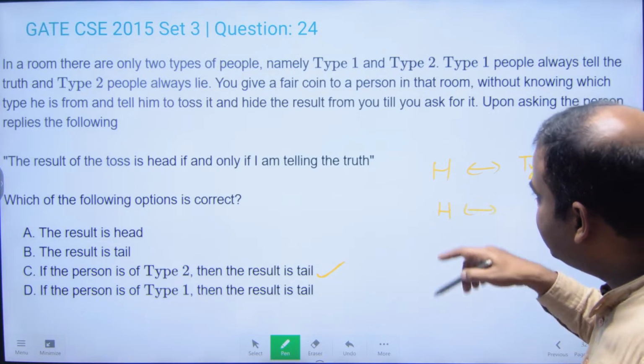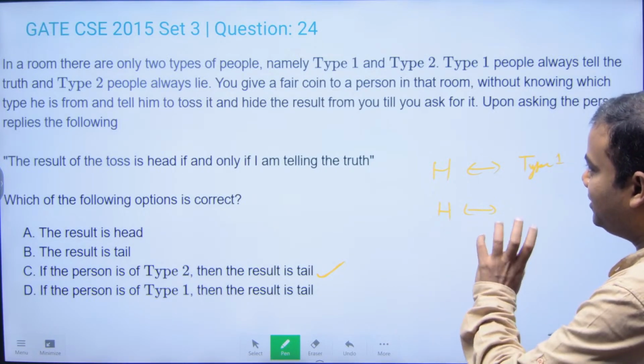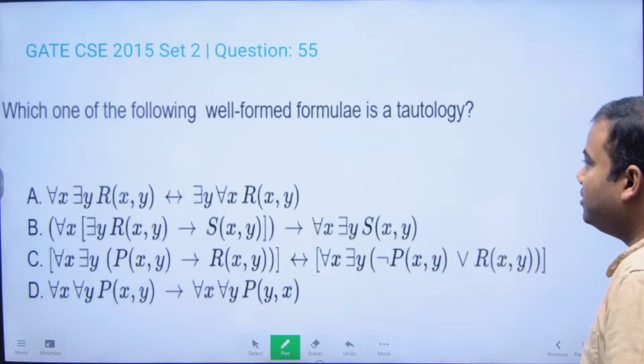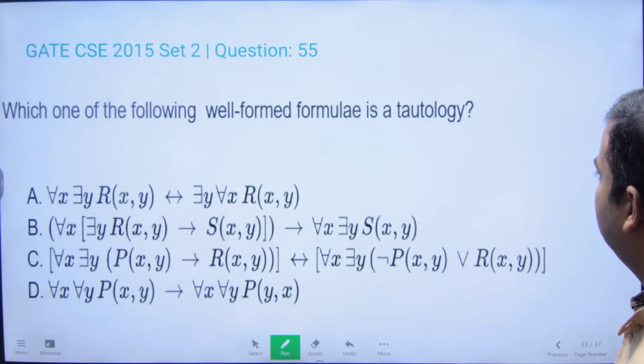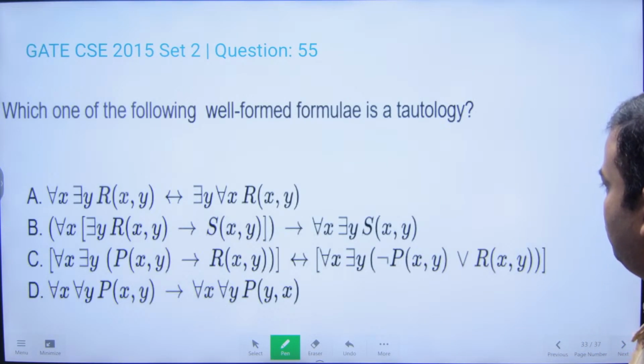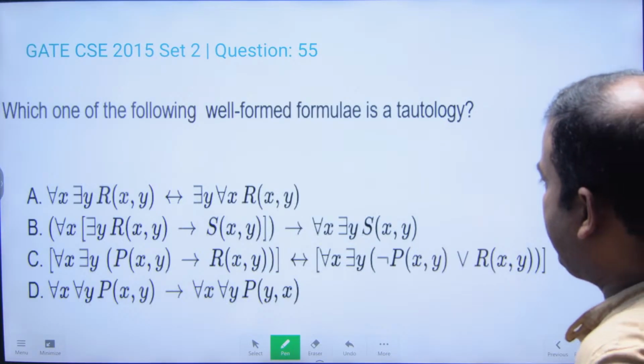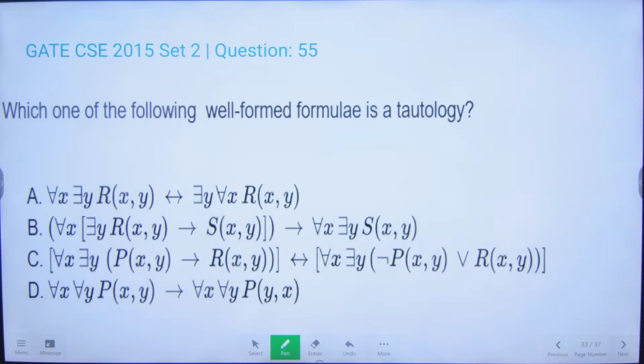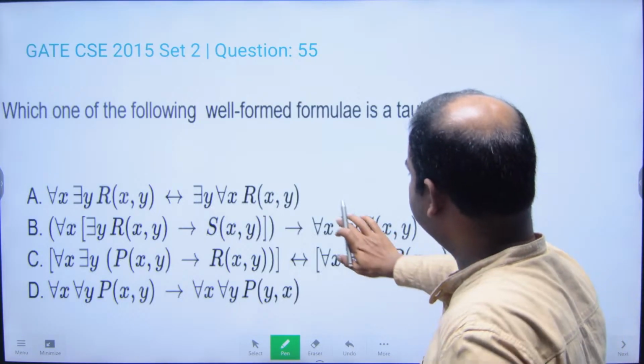But similar types of questions are more tricky also. We'll see some questions. Now, which one of the following is a tautology? What about this one?